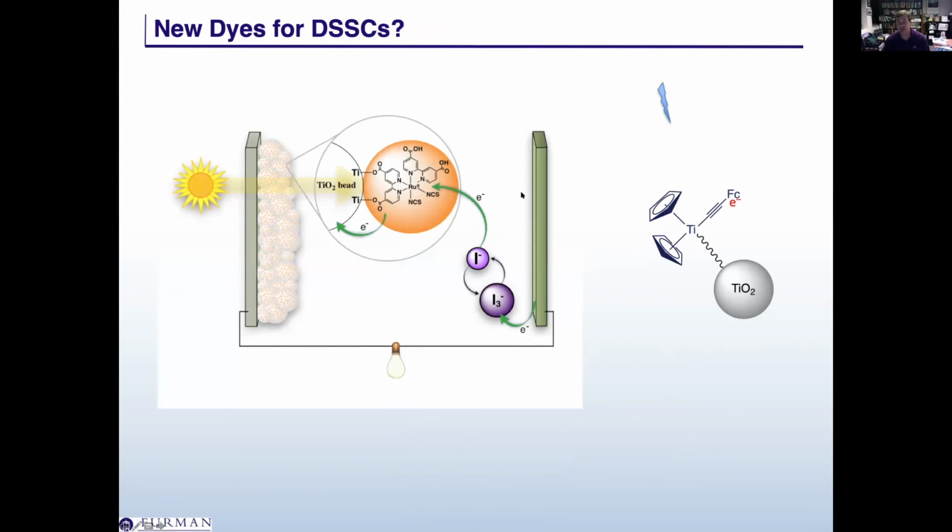So here's a picture of that, right? We want to replace this with the molecules that our group has been working on. The idea is that when light comes in, it shoves an electron from this part of the molecule to this part. Now it's close to, we've tied it off to titanium dioxide, and hopefully that electron can move over.